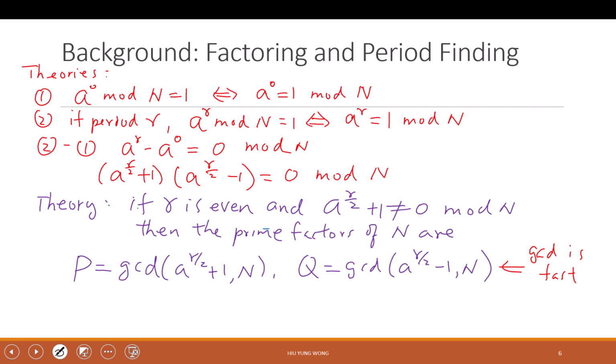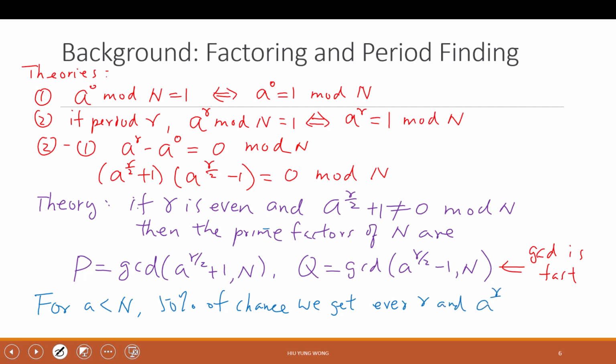So we would say for A smaller than n, 50% of chance we get even R and a to the power r divided by 2 plus 1 not equal to 0.